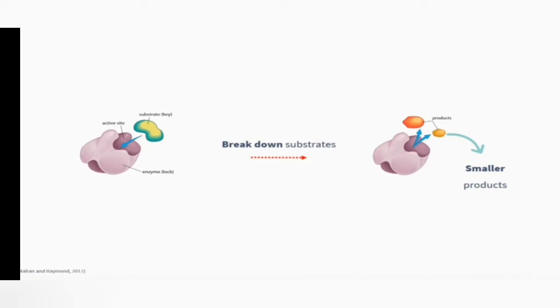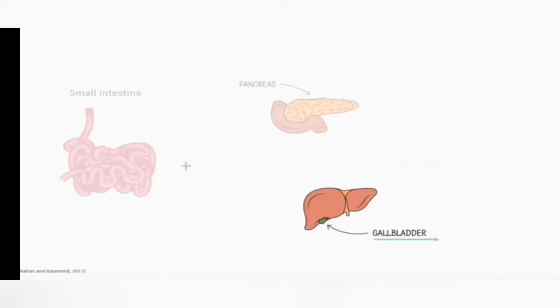There is the lock and key mechanism. The hormones and enzymes play an important role, and the third organ is the gallbladder. The gallbladder is very important, which holds bile, and it is also positioned within the liver.